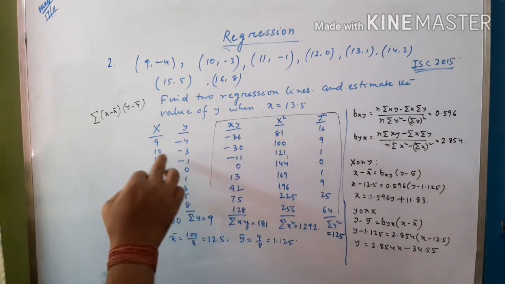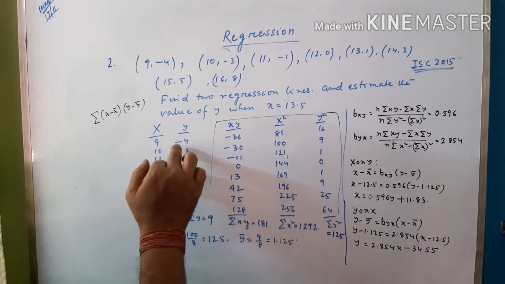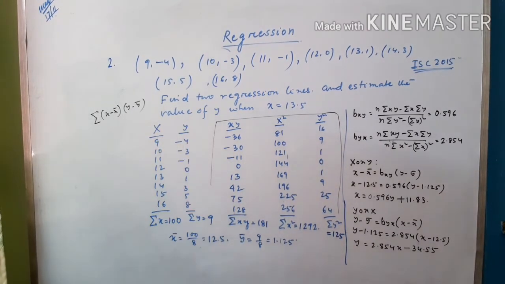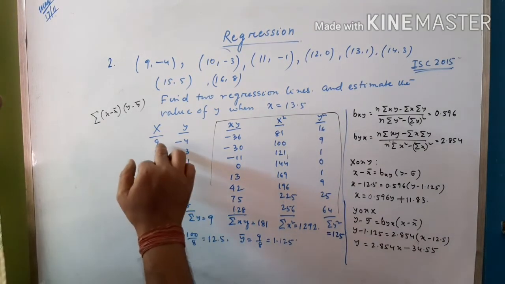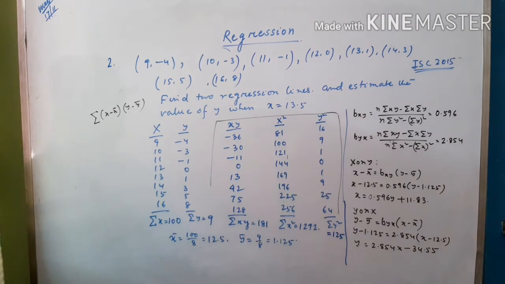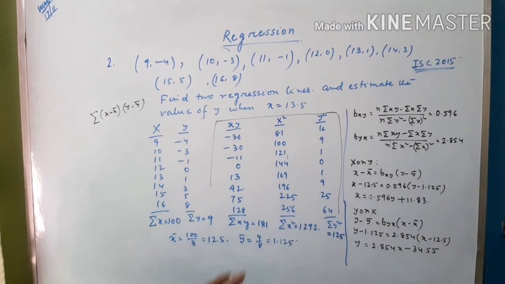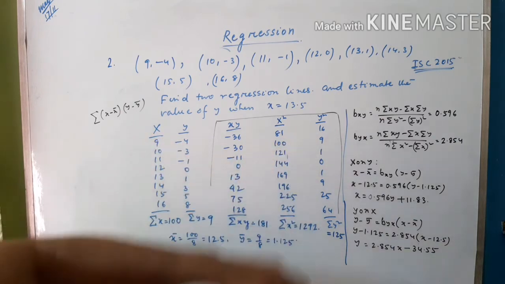Again we are doing the same thing. For each value we calculate xy, that is 9 into minus 4, 10 into minus 3. In this way we have calculated xy. Then x square, each value of x is squared, 9 square, 10 square, 11 square, 12 square and so on, and then y square. Clear?